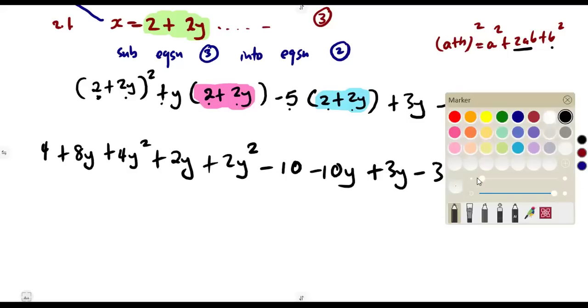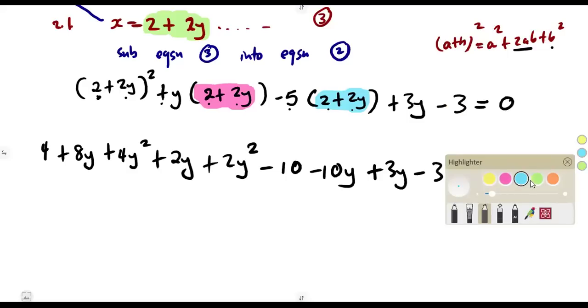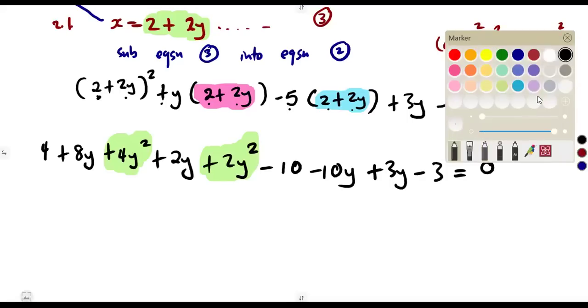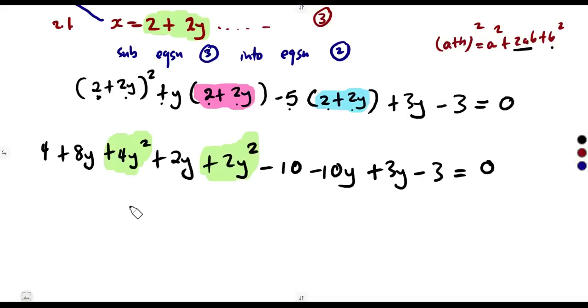Let us collect our like terms. For the part of y squared, this is 4y squared plus 2y squared. 4 plus 2, that's 6. So that's 6y squared there. Then we move on to the part of y.